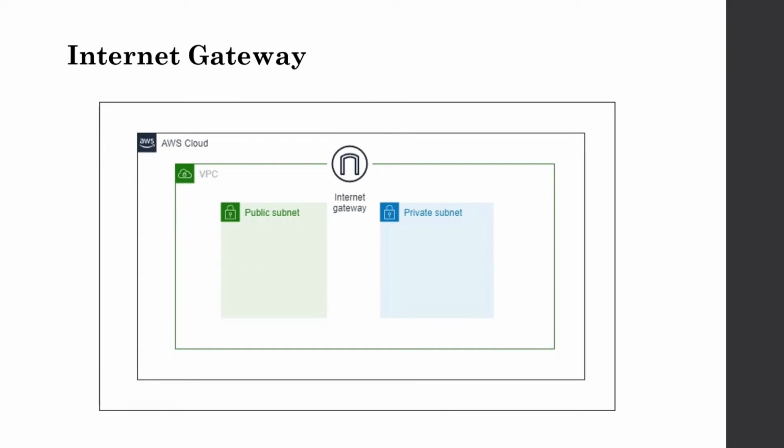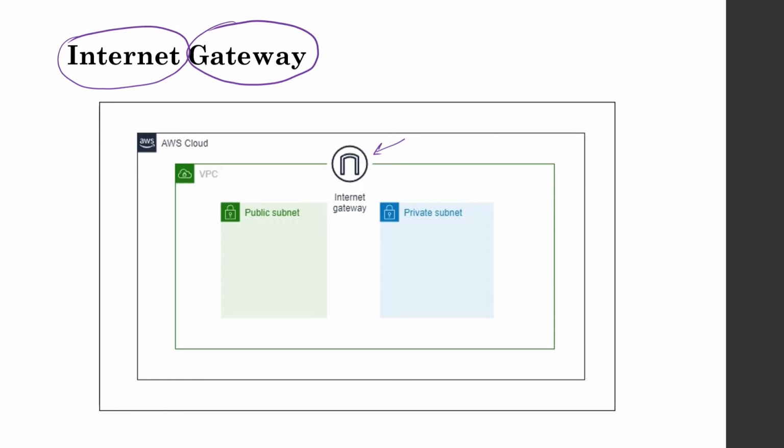Now the next topic is about internet gateway. Now first of all, again, its name is internet as well as gateway. What does it mean? It is acting as a gate for the internet. Okay, so basically, if the resources within the VPC want to have access to the internet, then we require this particular internet gateway.